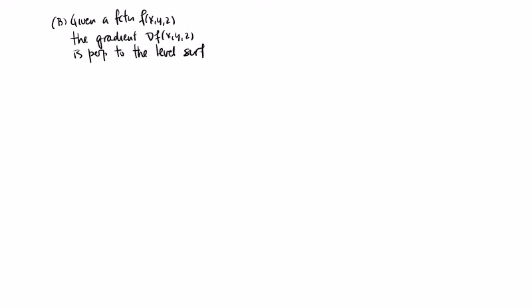So B: given a function f of x, y, z, we can say the gradient is perpendicular to the level surface at each point.